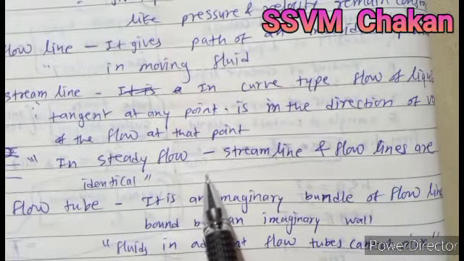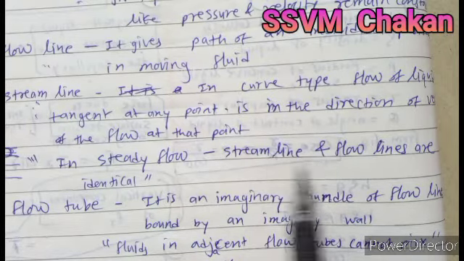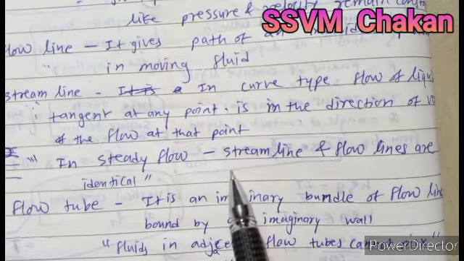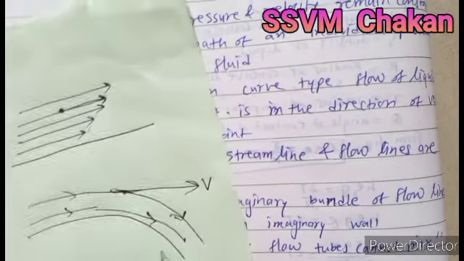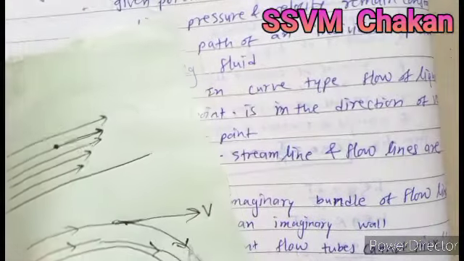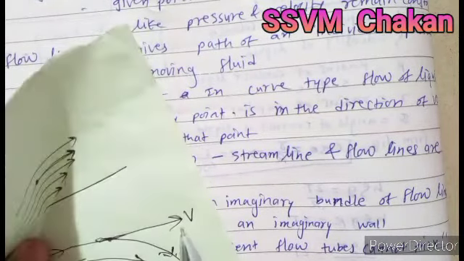In a steady flow, streamline and flow line are identical, but in a curved flow, this is the flow line and this is your streamline.